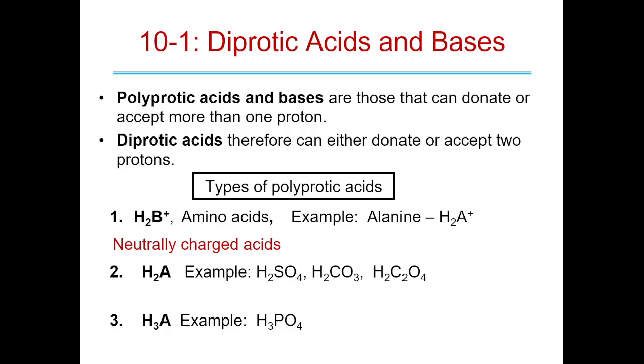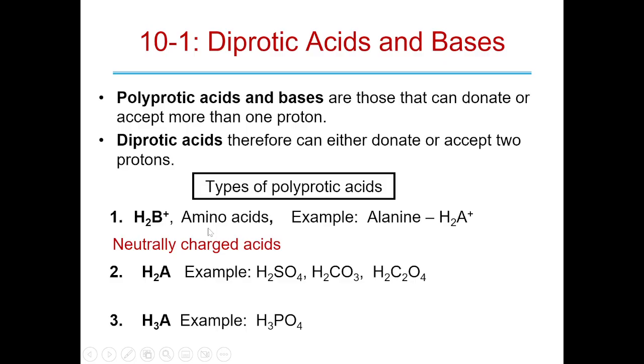So polyprotic acids and bases are going to be those that can donate or accept more than one proton, but remember again, they always have to do it as an order of operation, one at a time, right? You can't do it two at a time, by definition. Diprotic acids, therefore, can either donate or accept two protons. So these are some different polyprotic acids.